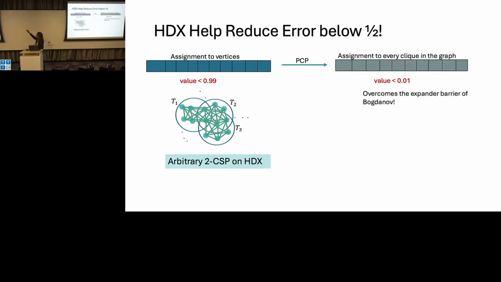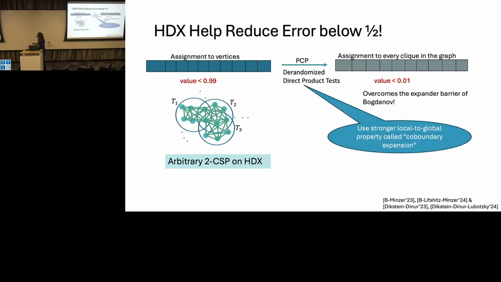And this overcomes this expander barrier of Bogdanov. This is something I will talk about in the remaining time. The main ingredient here was these direct product tests, which is purely a property testing question. And here we use these stronger local to global properties called coboundary expansion, which I will also define.